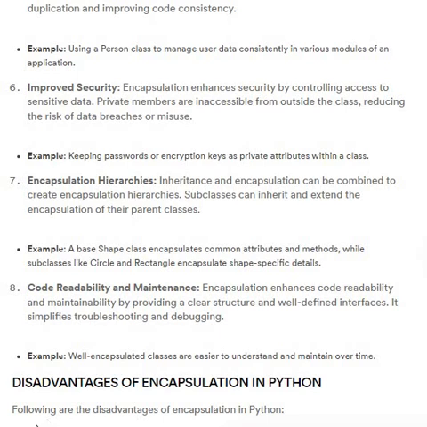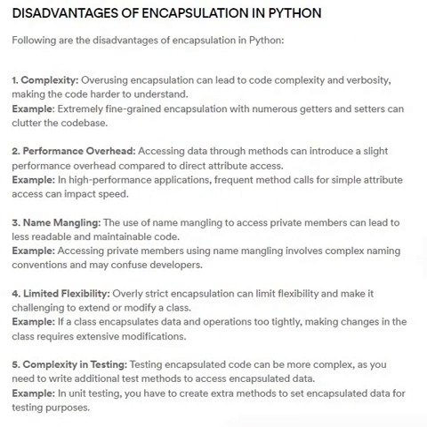What are the disadvantages? Overusing encapsulation can lead to code complexity, and it's too difficult to understand. Accessing data through methods can introduce a slight performance overhead when you compare with accessing the data directly.